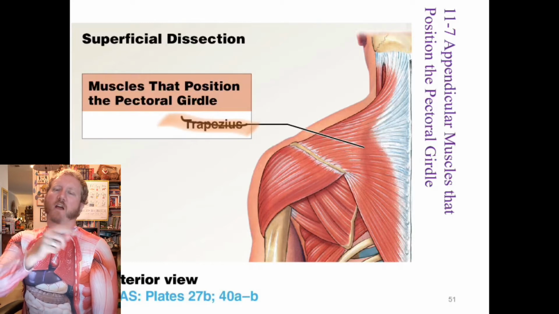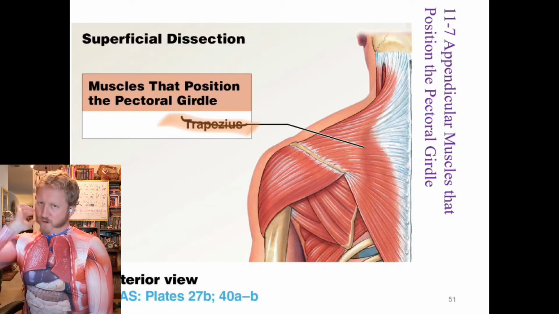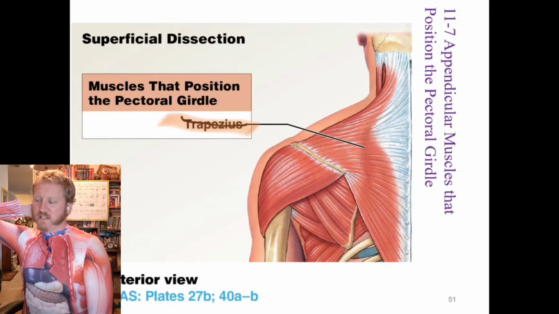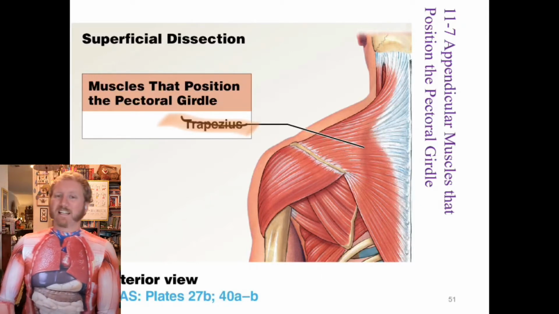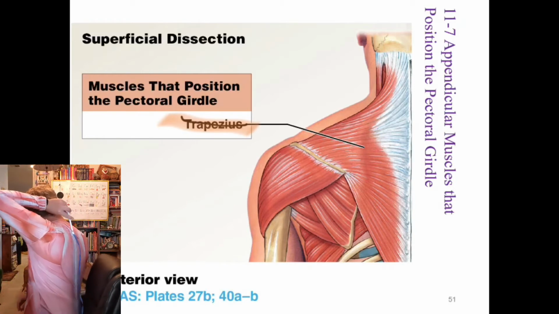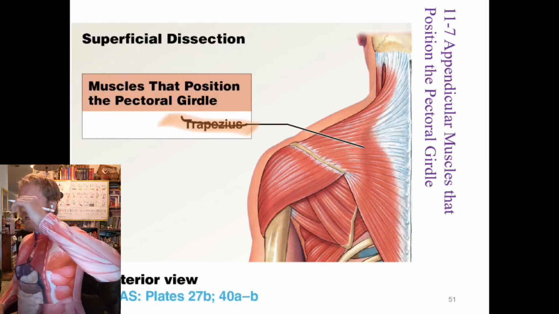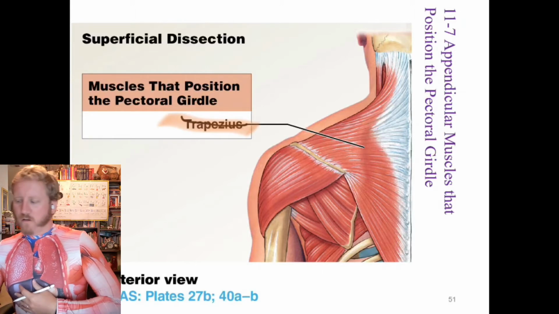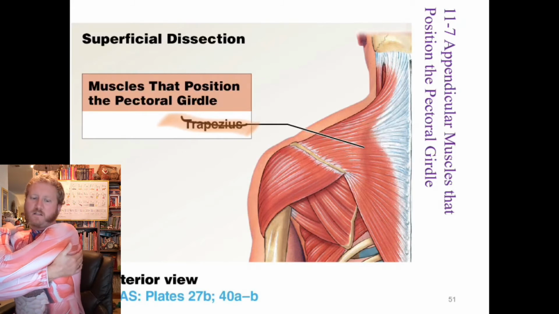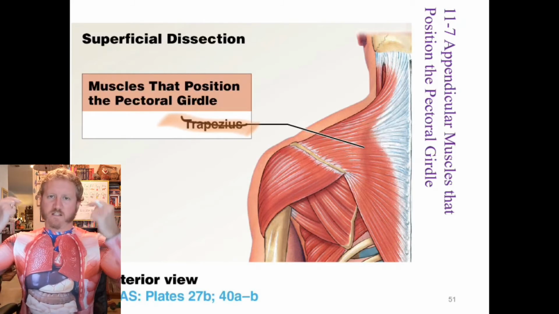If you've ever gotten tightness in your shoulders and you feel it creeping up and you start getting a tension headache in the back of your head, that's that trapezius muscle. It originates on the midline of the neck and back, and it inserts on the clavicle and the scapular spines, those edges of the scapula in your back.